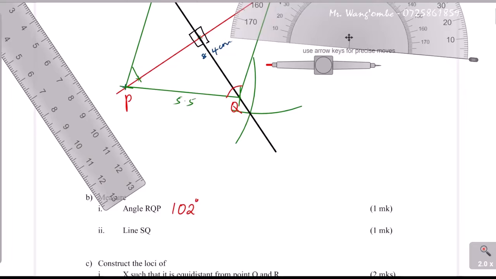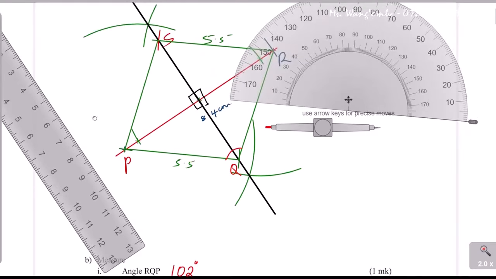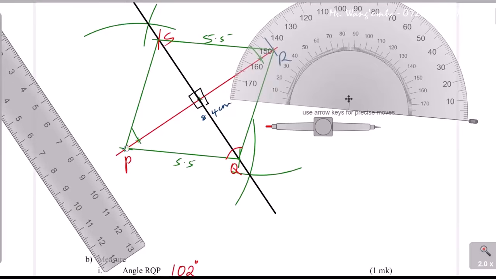Then line SQ, we measure line SQ. Let me take a ruler.